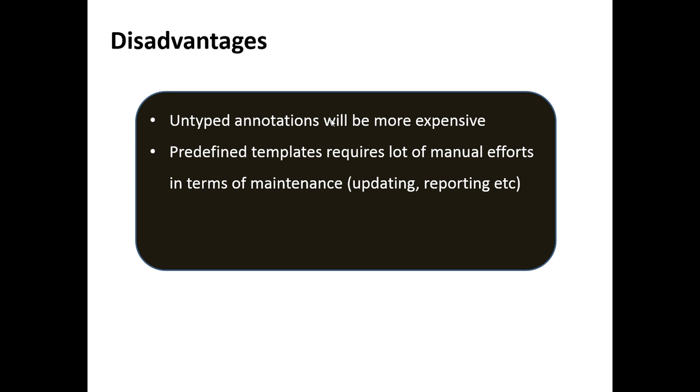They require a lot of manual effort in terms of maintenance, like we should keep on updating, or reporting, etc. It will also be inaccurate because we are not dynamically generating the attributes. We are only allowing the users to annotate, so they might make mistakes, and we call that inaccurate. These are the drawbacks of the existing system.